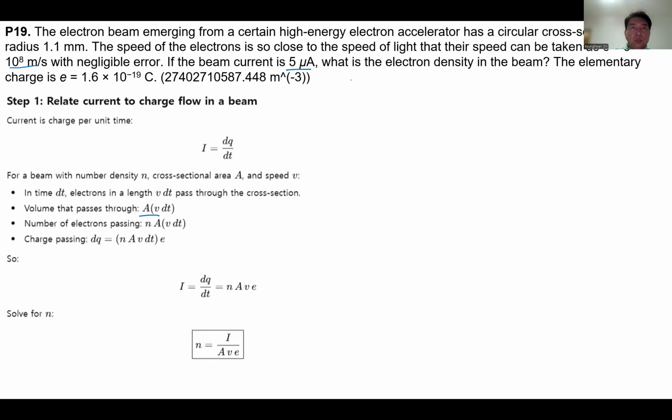Once again, we need to understand that current is given by dq over dt. And the beam has the number density n, that's what we want to find out, with the cross-sectional area A and the speed v. And dq over dt is the number of electrons times electron charge, and then you have an area times v.